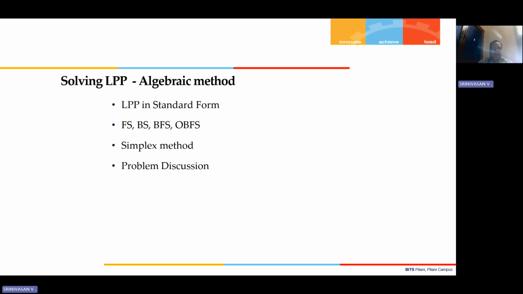And among the methods, as I said, according to your syllabus we are going to see the two-phase method, the dual simplex method, and some special cases. And then the best and most widely used algebraic method in solving an LPP is the simplex method.